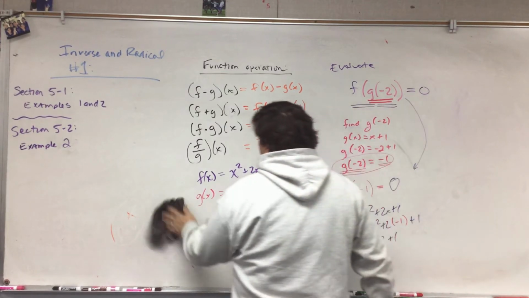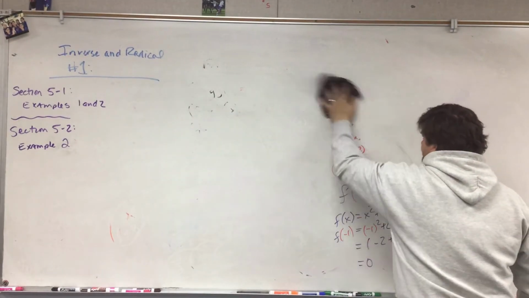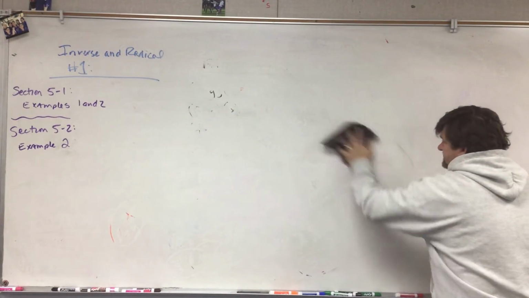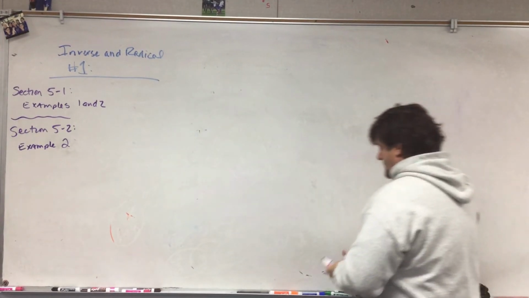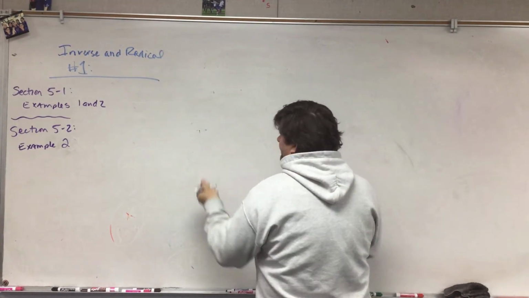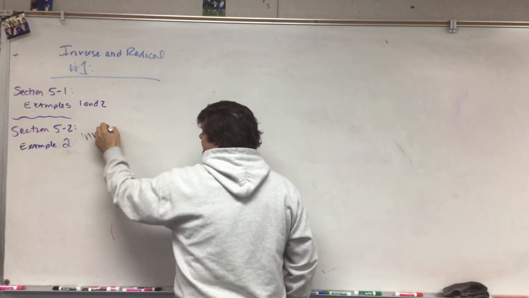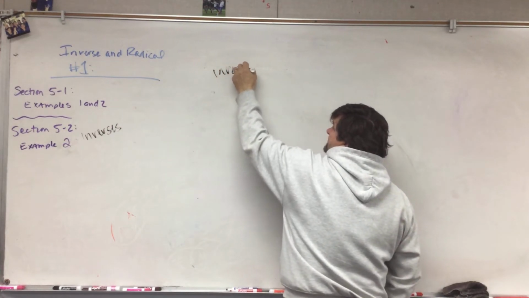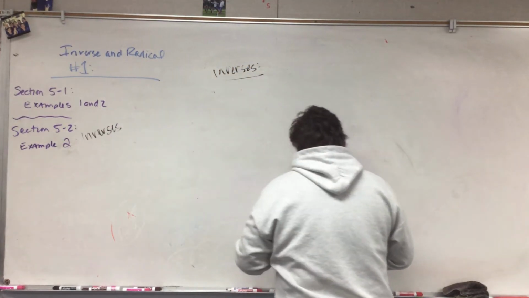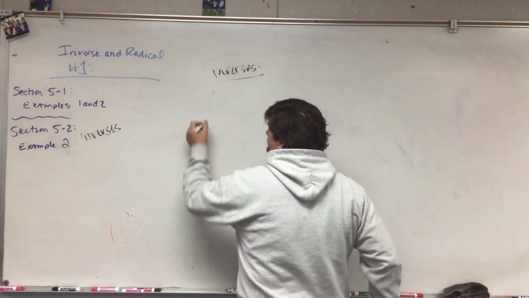All right, so let's tackle inverses. Let me draw something up here for you guys real quick. So now we're down here, we're working on inverses. The simple theoretical idea is this, guys.